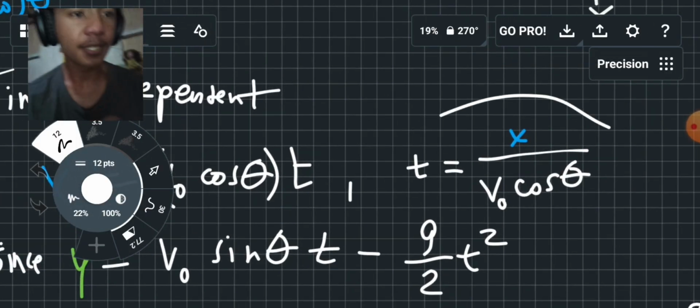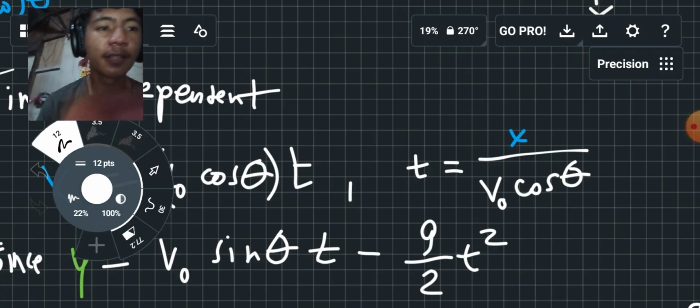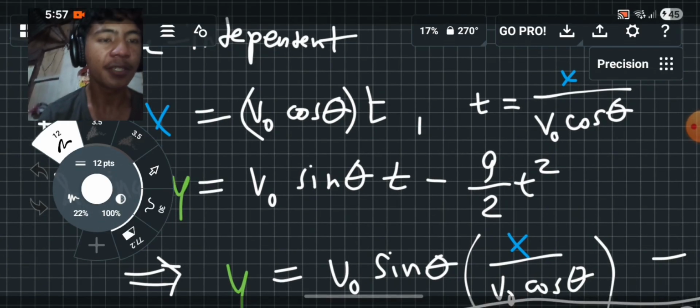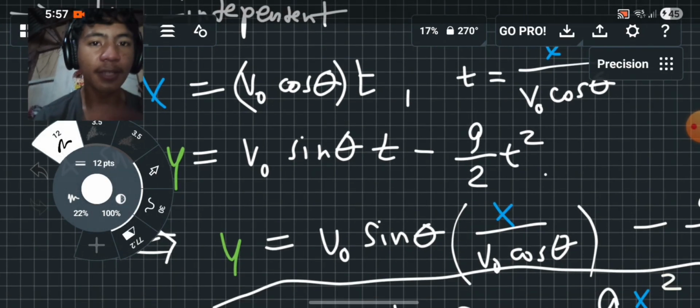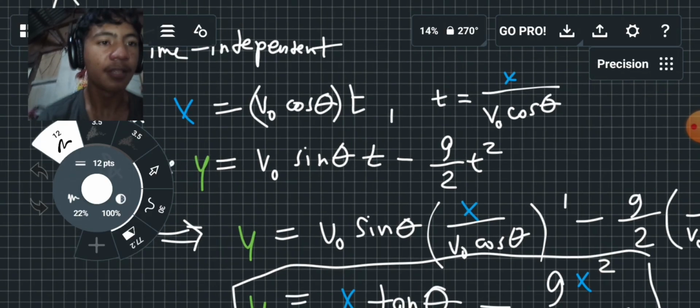What we're going to do is just plug this expression in, substitute for t.